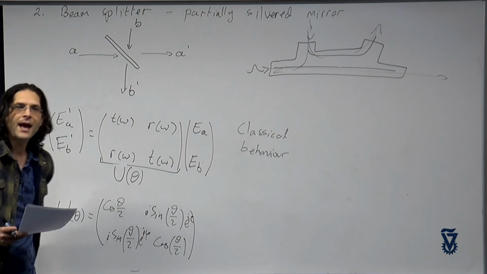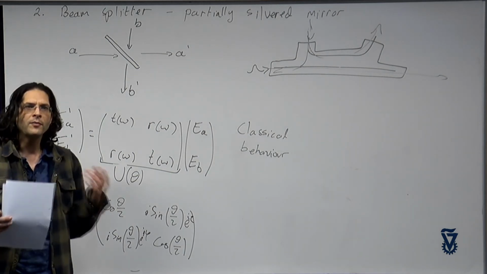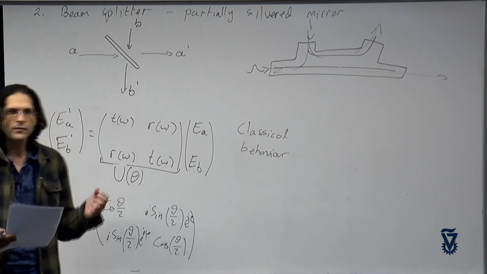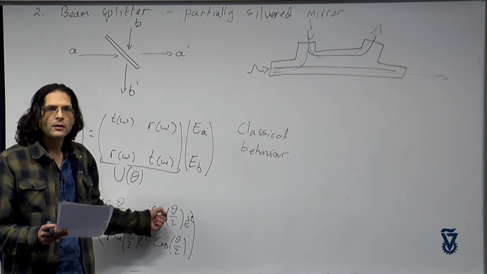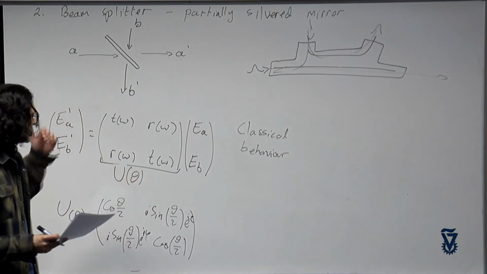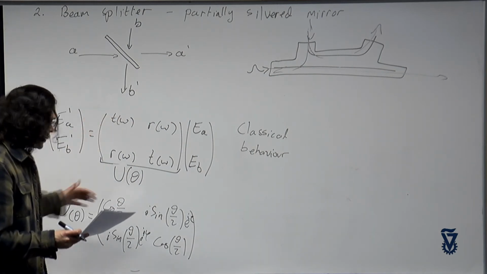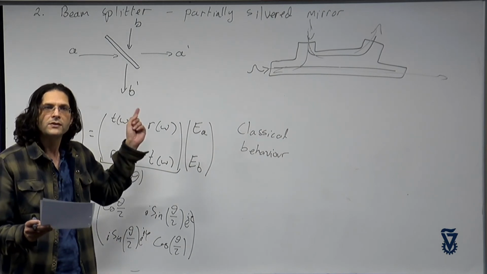What I'm going to do now is I'm going to give you the quantum version of this thing. So I'm going to give you the Hamiltonian that generates this operation. And I'm going to show you that this Hamiltonian generates a unitary that will give us a rotation in the space of this qubit.